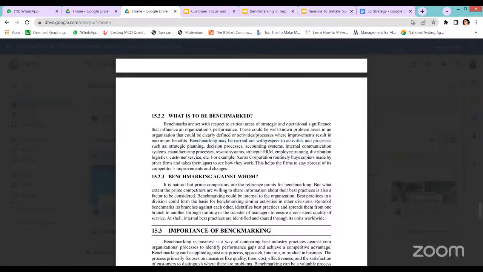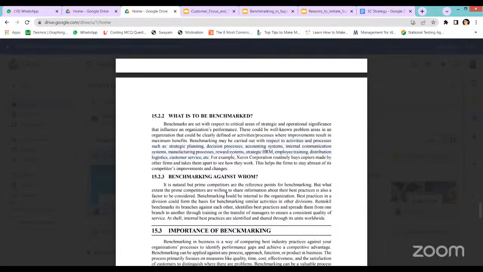So benchmarking is with respect to activities and processes like strategic planning, decision process, accounting system, internal communication systems, manufacturing process, reward system, strategic HRM, employee training, distribution logistics, and customer service. All these can be benchmarked. I already mentioned this in the meaning, so you can write what is benchmarking and what can be benchmarked at these points here.